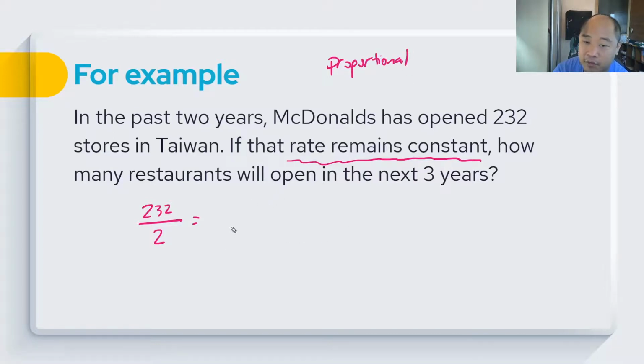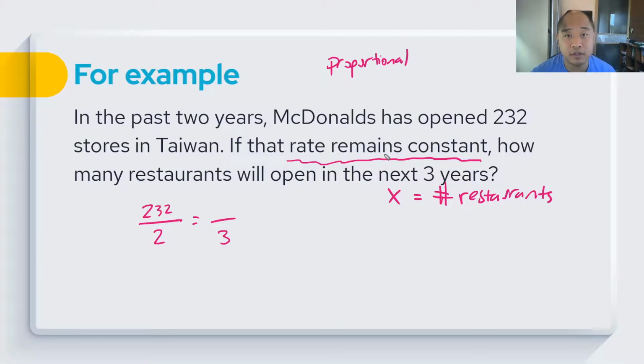How many restaurants open in the next 3 years? The number of restaurants is what we want to find, so we'll make that X. Remember, anytime that you are taking a word problem and turning it into an equation, you need to define the variable. That's a really important practice to get into, because eventually you're going to be talking about relationships with lots of different variables.